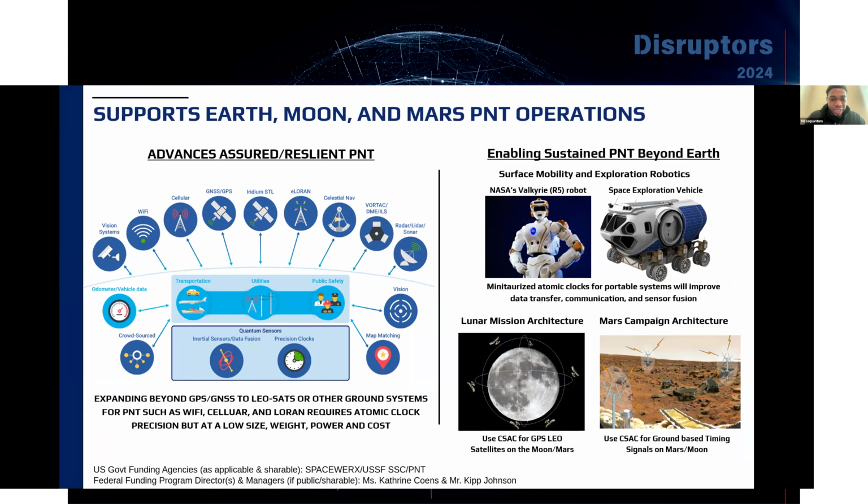As you're trying to leverage timing signals, or PNT signals in general, from Wi-Fi, from cell towers, from our energy grid system, and LEO satellites, which are much more compact and require much lower size precision timers, these types of clocks can play a crucial role in advancing assured resilient PNT.